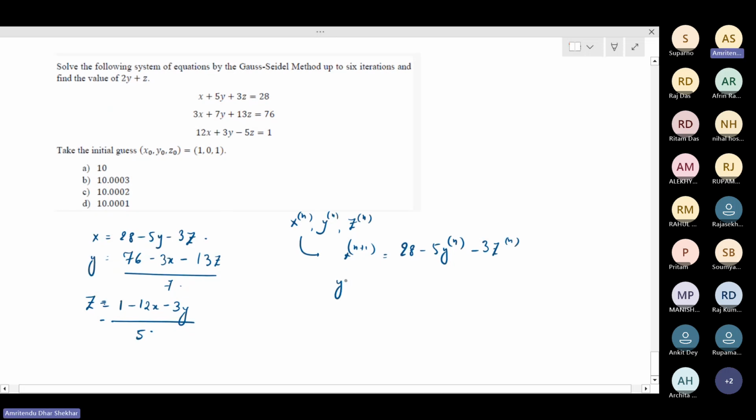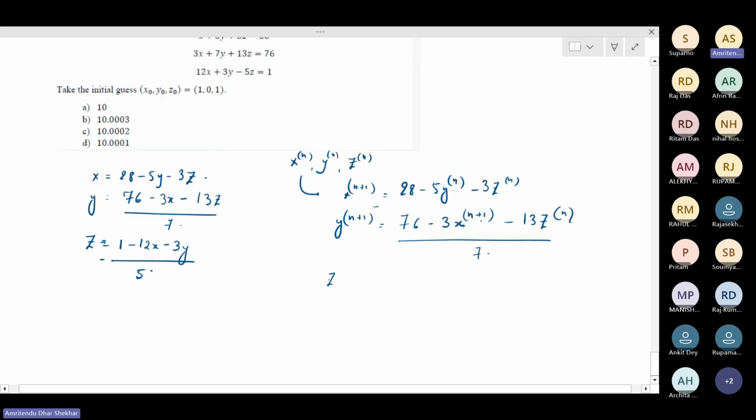I set yn+1 to be equal to 76 minus 3xn+1, I'm no longer putting n over here, I'm putting n+1 because I've computed xn+1 already, minus 13z, but for z I'm going to use n only because I do not know zn+1 yet, by 7.